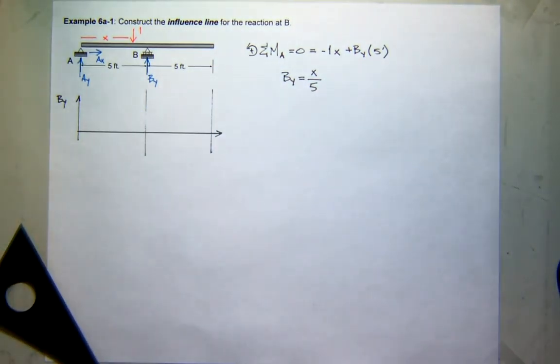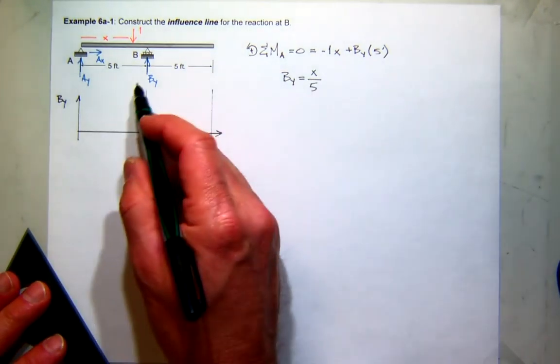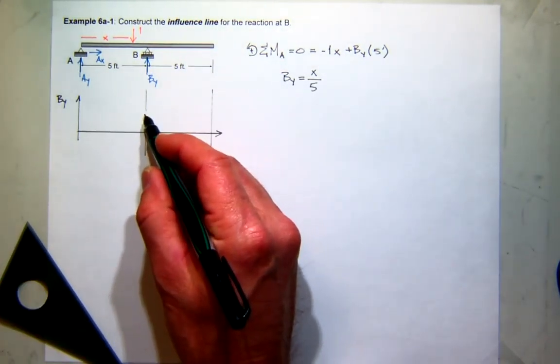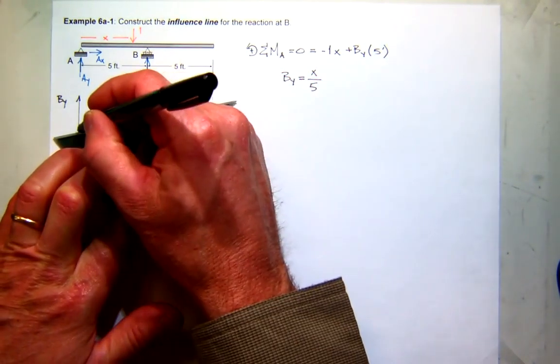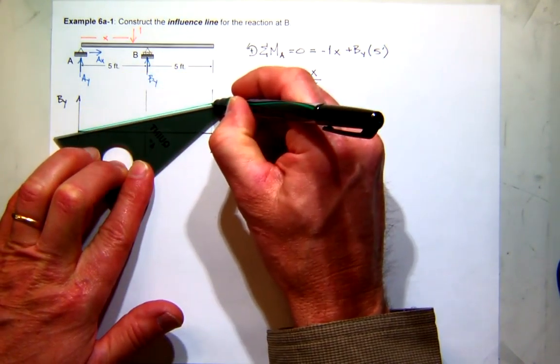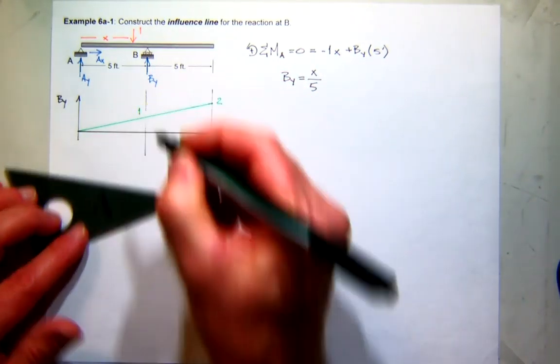What is the value when x is equal to 0? It's 0. What is the value when x is equal to 5? It's 1. And at x equal to 10, it's 2. So that's a linear line with a value of 2 and 1.